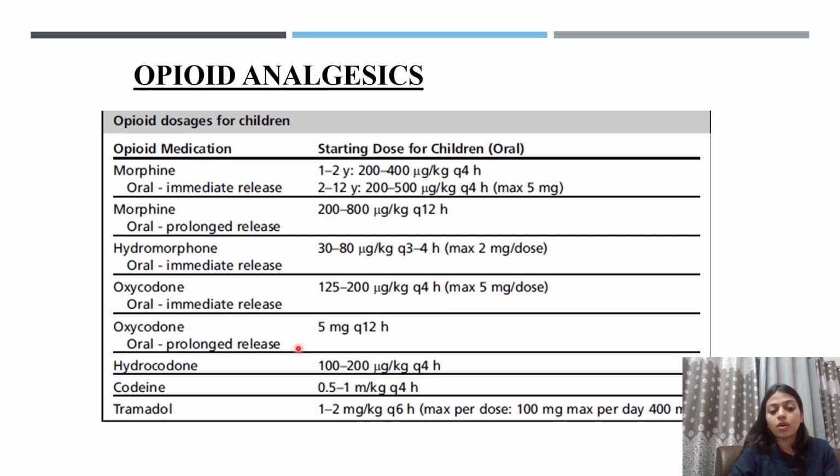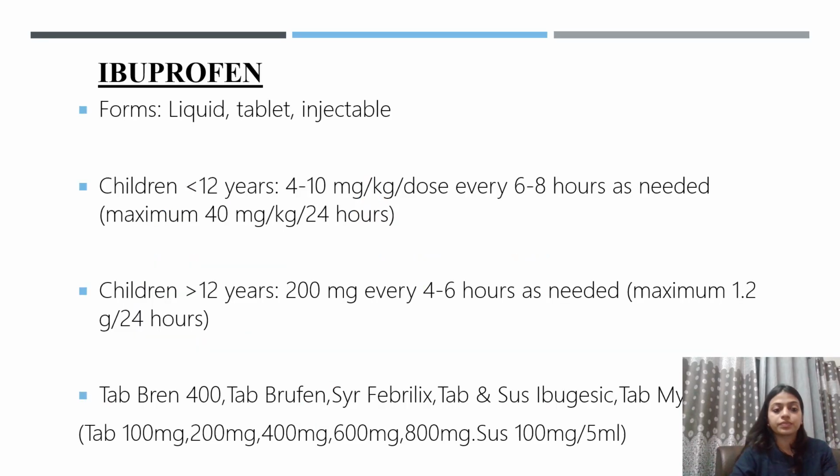Oxycodone prolonged release can be given 5 milligram every 12 hours, and hydrocodone 100 to 200 microgram per kg every 4 hours. Codeine can be given 0.5 to 1 milligram per kg every 4 hours, and tramadol can be given 1 to 2 milligram per kg every 6 hours. Maximum dose is 100 milligram per day. Okay.